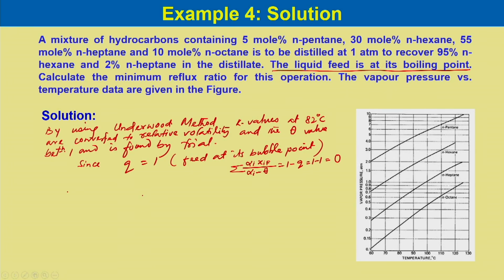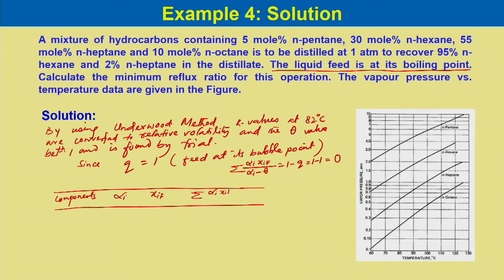Now, let us calculate all alpha values and obtain the table. Components, alpha i, xif, summation over alpha i xif divided by alpha i minus theta.